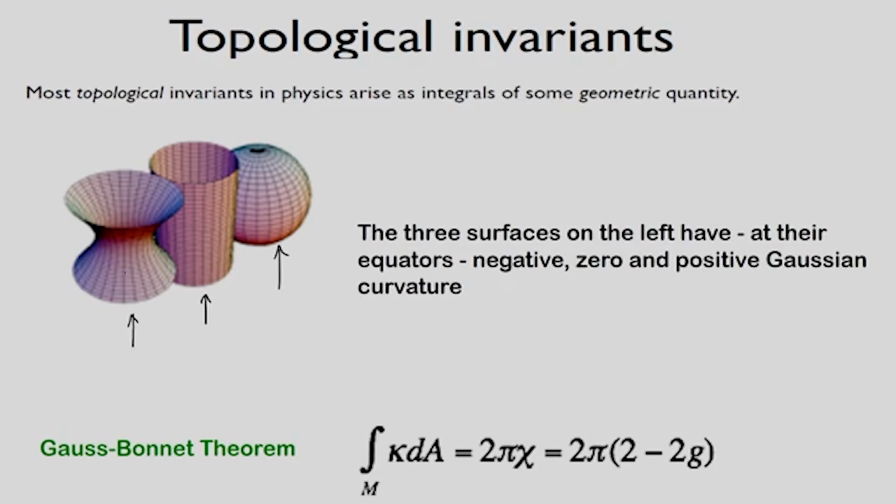What's different between them is that they have a curvature, the radius of curvature, which we want to understand is different at different points.